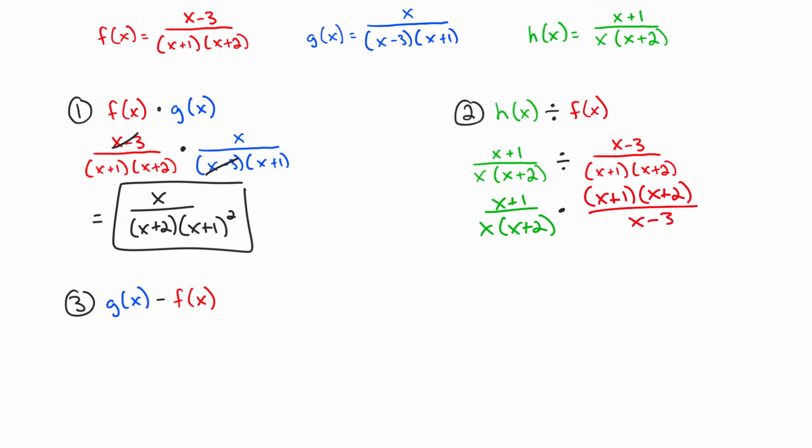Anything on top and bottom that's the same can eliminate. X plus 2 and x plus 2 eliminate, and that's it, which is why we have the answer of the quantity x plus 1 quantity squared over x times x minus 3.